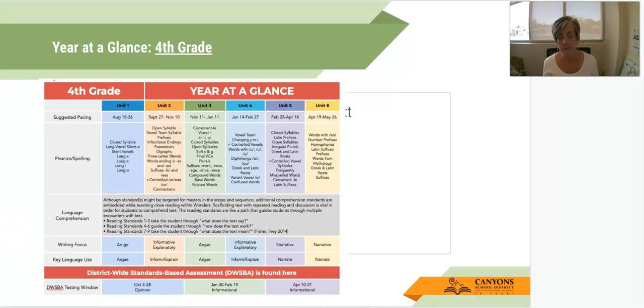In 4th grade, you would see that same idea spread out, what the pacing is, and what ideas are being put forth with the phonics and spelling. Your language comprehension looks the same. What your argument would be, etc., and those pieces that are here in this document.